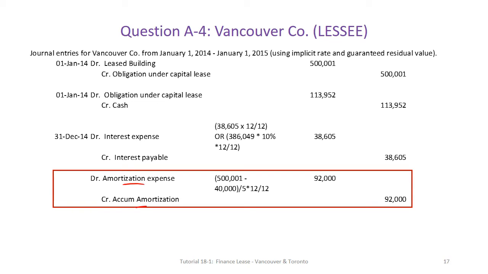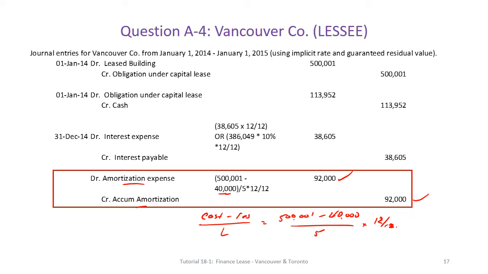Our amortization expense calculated now, we have to adjust this. Our cost minus residual, right, over life, is 500,001 minus the residual, because now we included a guaranteed residual in the calculation, divided by 5 years times a full 12 over 12. Okay, so it's prorated 100% over the 12 months.